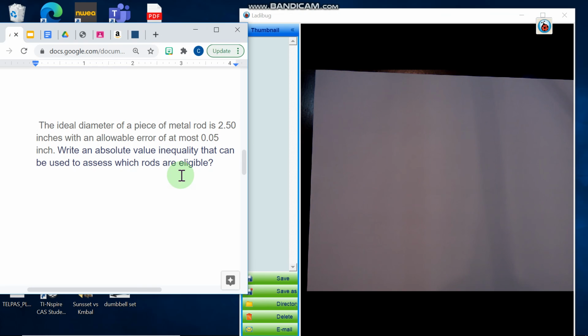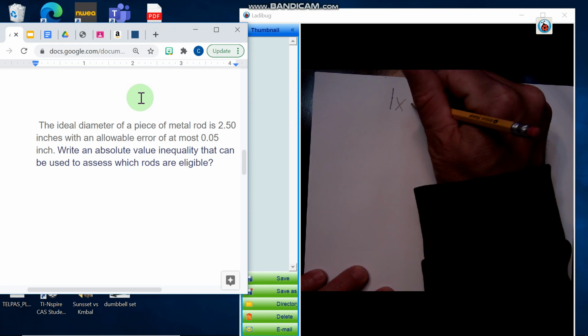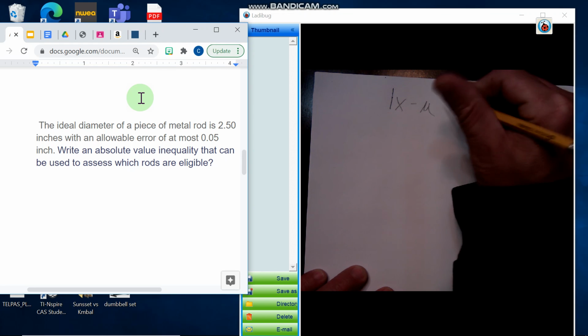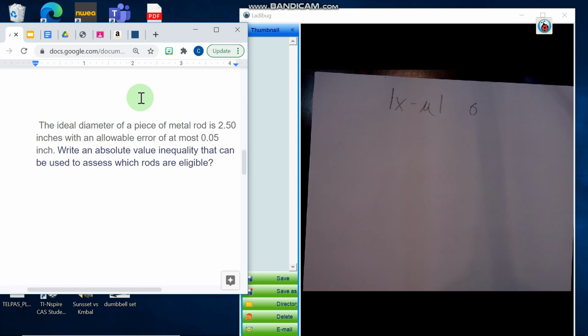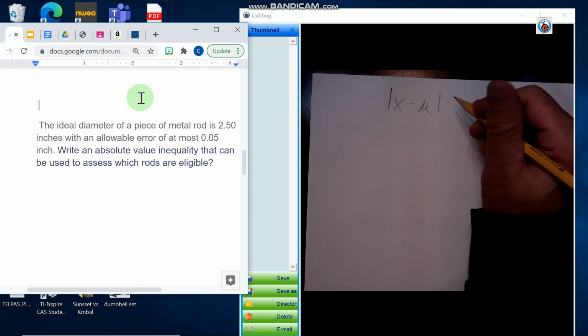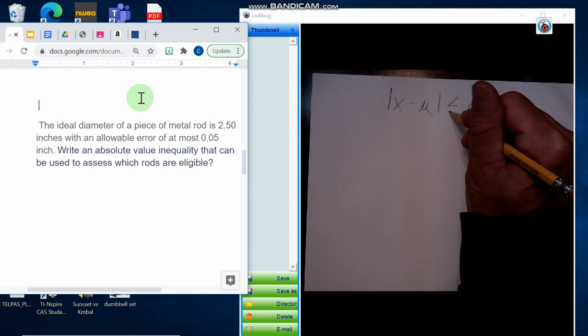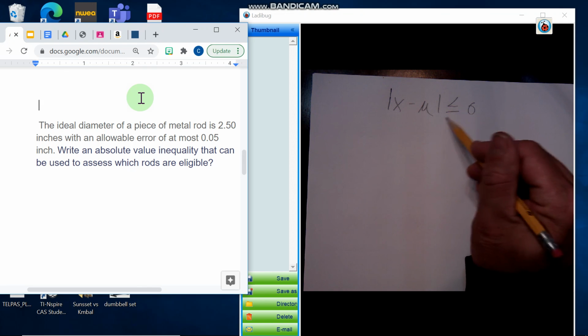Write an absolute value inequality that can be used to assess which rods are eligible. Again, we start off with our standard x minus mu, and then we have sigma on the other side, always going to be this way. Since this is asking for a range, and it tells us to use an inequality, we're going to use the less than or equal to inequality.